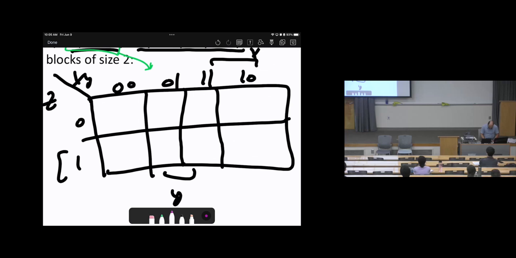Here is M0, M1, M2, M3, then skip the third, go to the fourth, M4, M5, here is M6, M7. Okay?